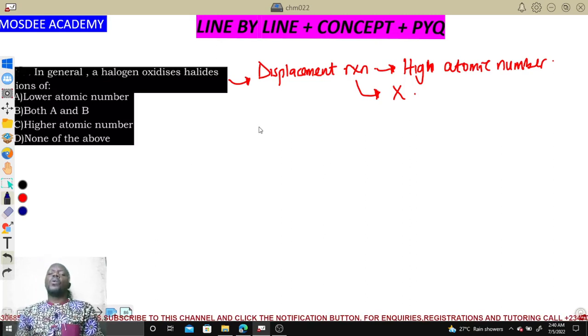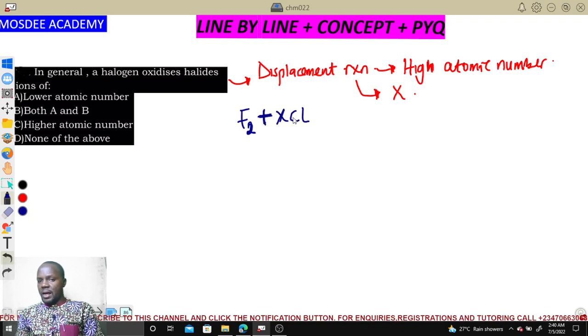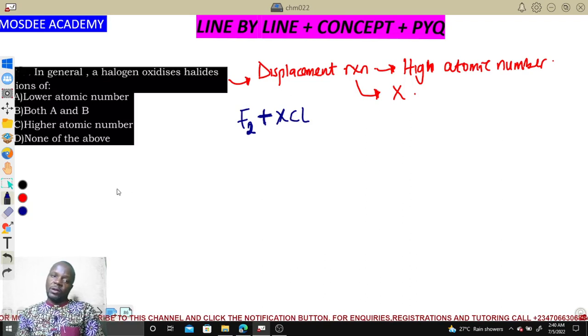So now, what I'm saying is that fluorine is the strongest, we talked about that. So if fluorine combines with, okay, we have a halogen, maybe XCl. If it will displace this, let's say XM, just say X alone for understanding sake for now.